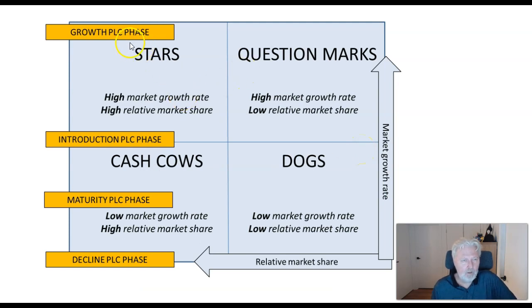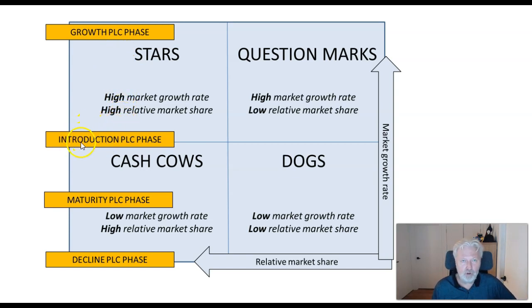Now, let's overlay the four phases of the product life cycle: introduction, growth, maturity, and decline. So up here, high growth, we have a high market growth rate for both stars and question marks. So growth is right at the top there of the BCG.